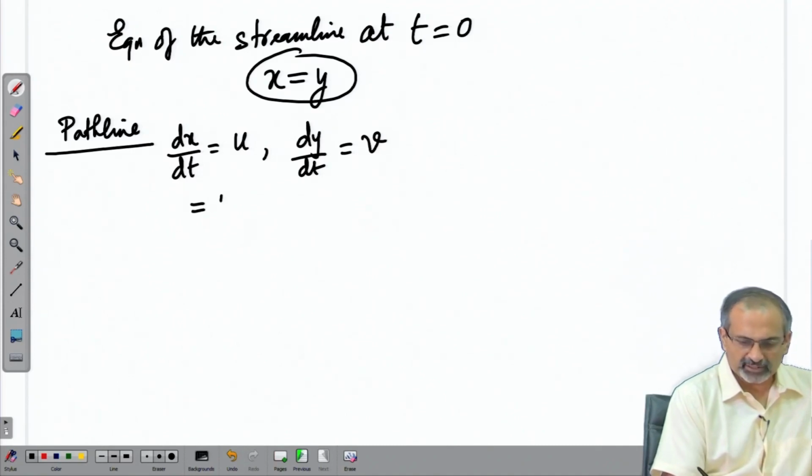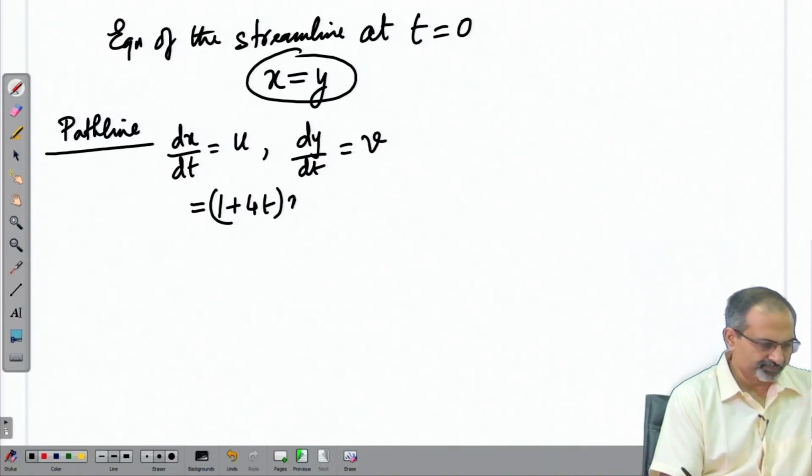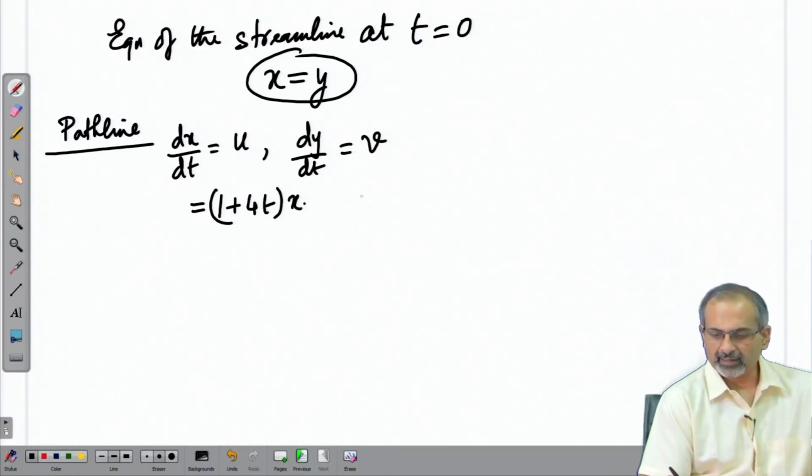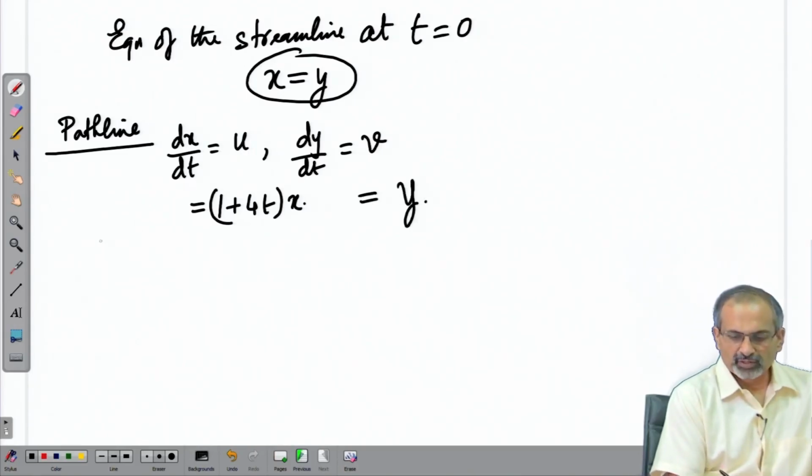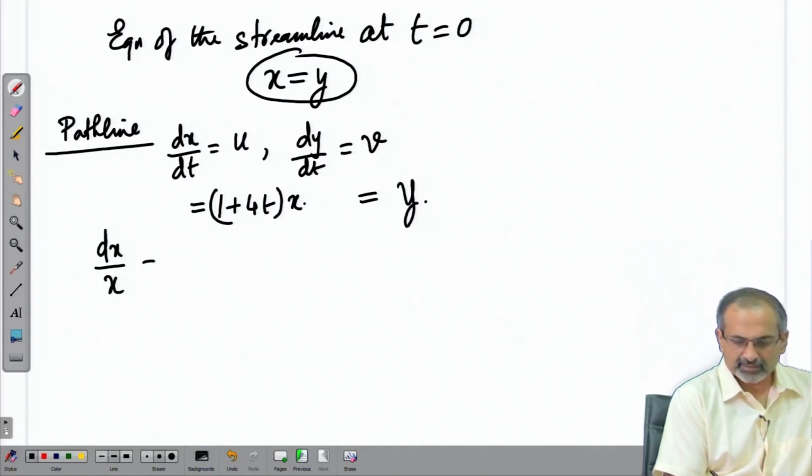We know the functional form: u was equal to 1 plus 4t times x, and v was equal to y. So, you have to rearrange it slightly: dx by x is equal to 1 plus 4t times dt.